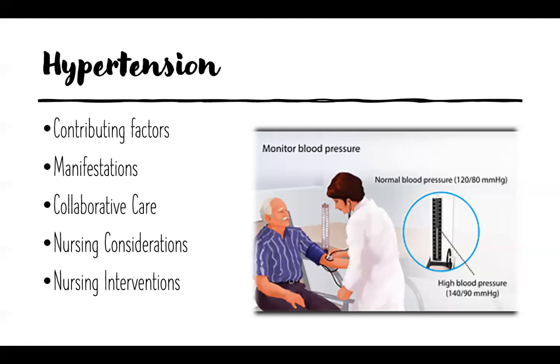Okay, so now, more interventions with this patient that has hypertension. They could be on beta blockers. So that's your propranolol, your atenolol, and your metoprolol, right? So nursing interventions for beta blockers: we want to monitor for signs of bradycardia, monitor the pulse daily, monitor for manifestations of heart failure.